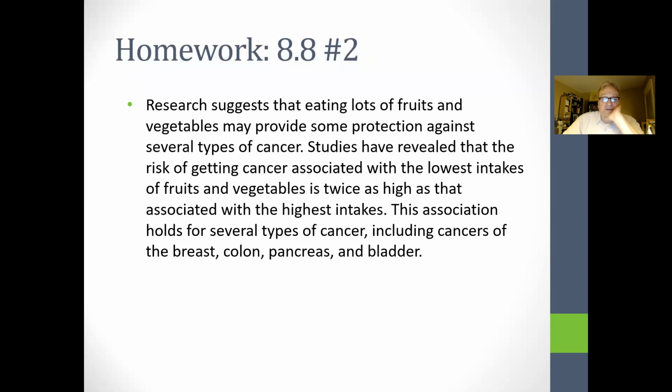Research suggests that eating lots of fruits and vegetables may provide some. So that's the claim: eating lots of fruits and vegetables may provide protection against cancer. The studies have revealed that the risk of getting cancer associated with the lowest intakes of fruits and vegetables is twice as high.